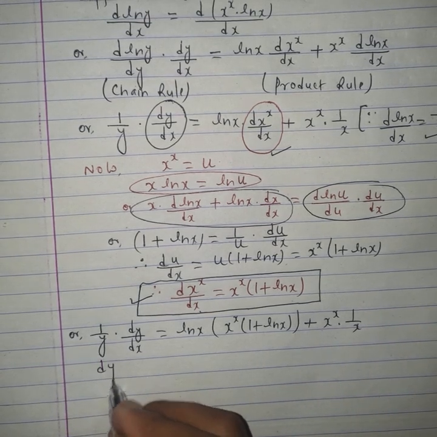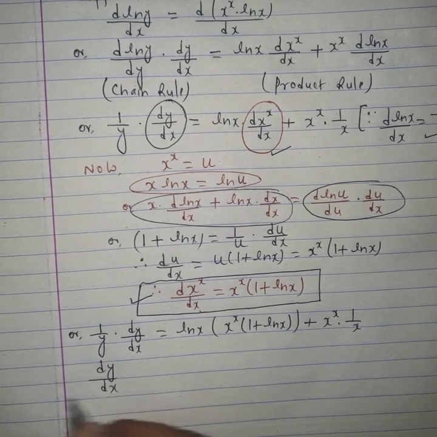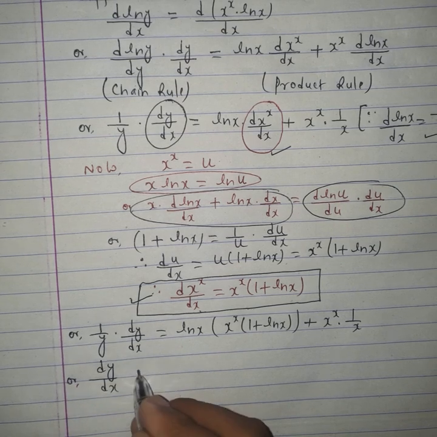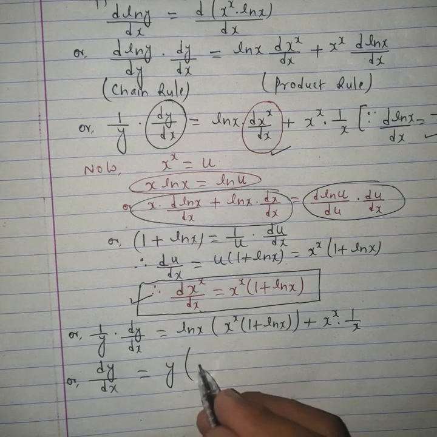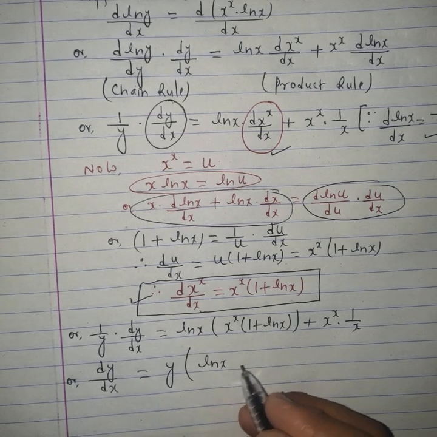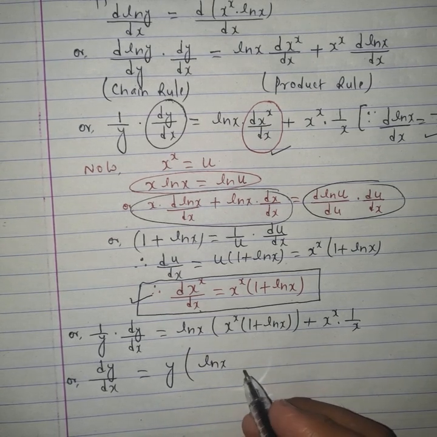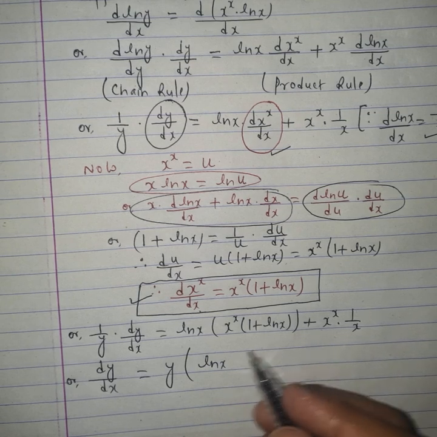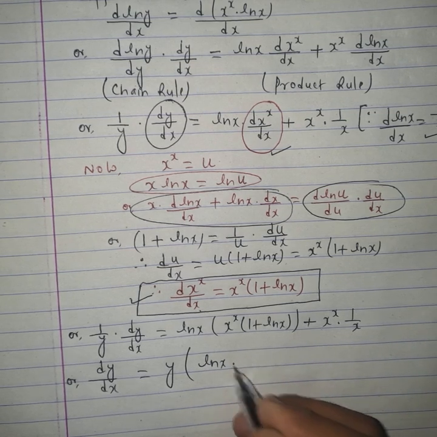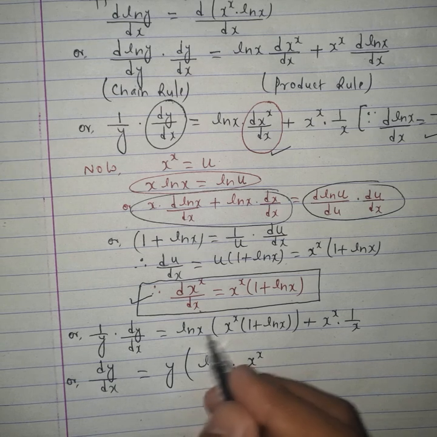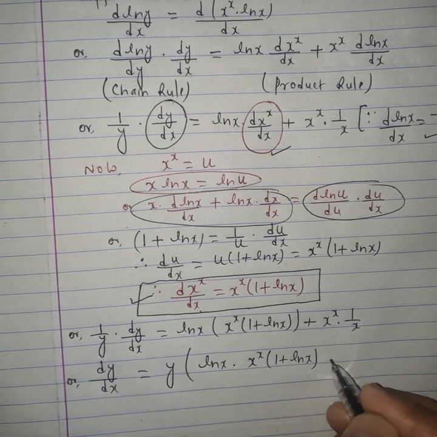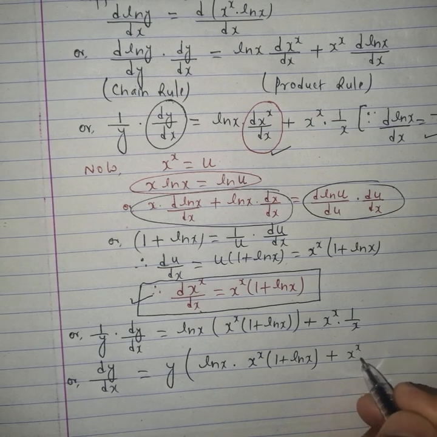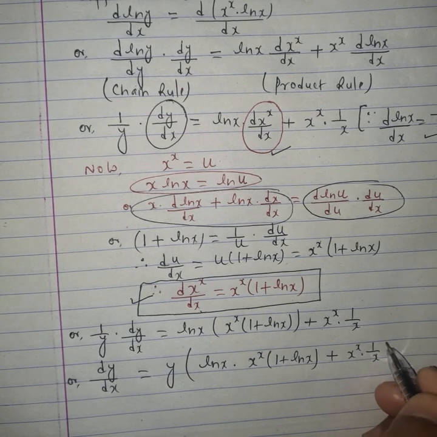Let's calculate dy over dx. Transposing, we multiply ln of x times x to the power of x times 1 plus ln of x, plus x to the power of x times 1 over x.